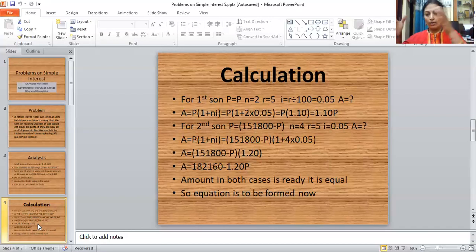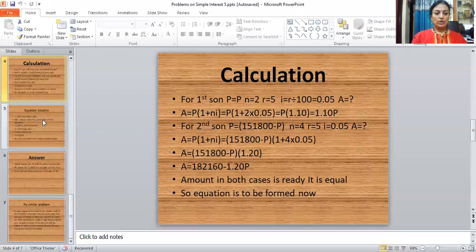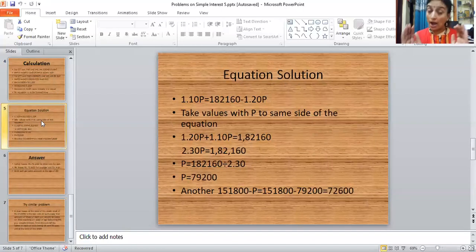We have to keep both amounts in each side of the equation, and equal, the symbol equal comes in between. So let us prepare the equation, and the equation is 1.10P is equal to 1,82,160 minus 1.20P.